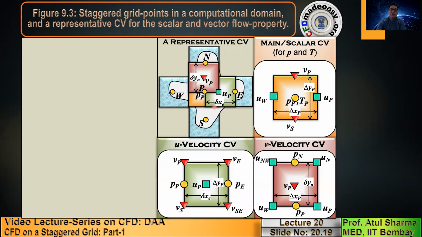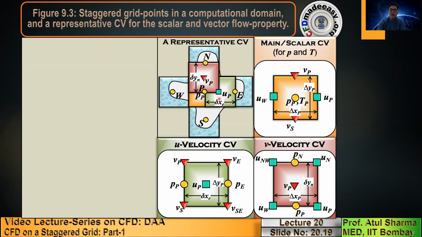Even the distance between the grid points, delta XE varies in the X direction for a non-uniform Cartesian grid, and delta YN varies in the Y direction.